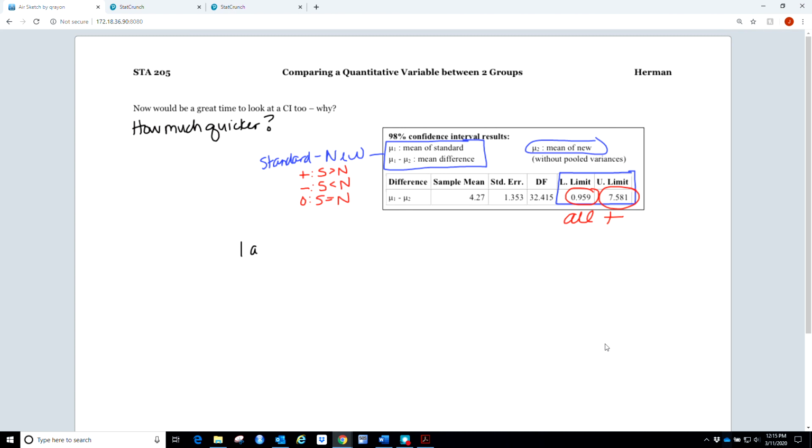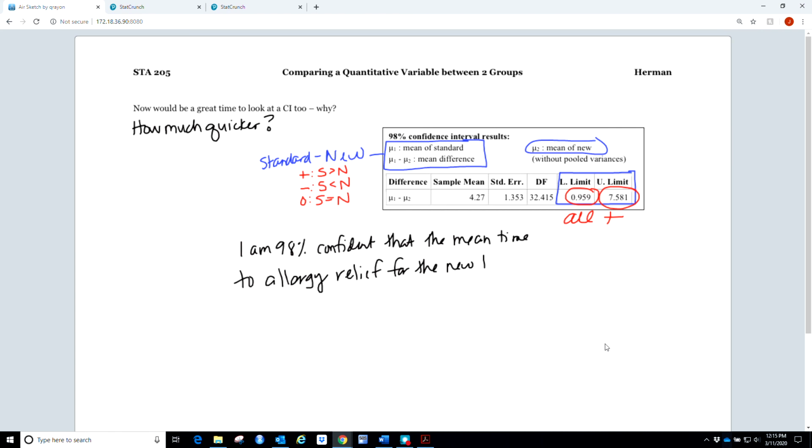So I can now say that I am 98% confident that the mean time to allergy relief for the new treatment is between 0.959 and 7.581.